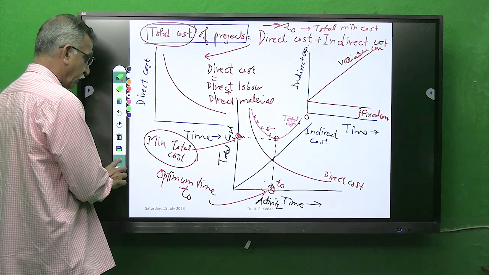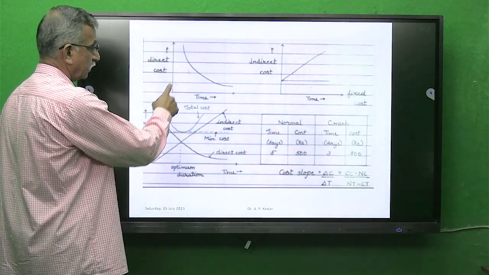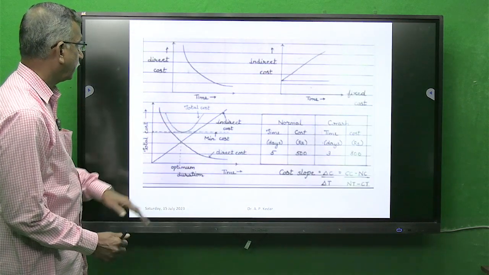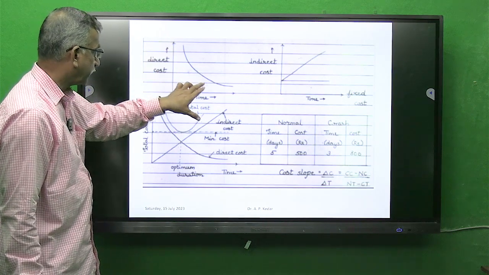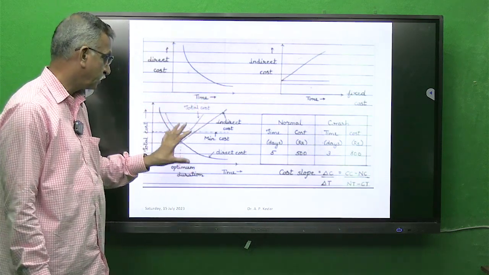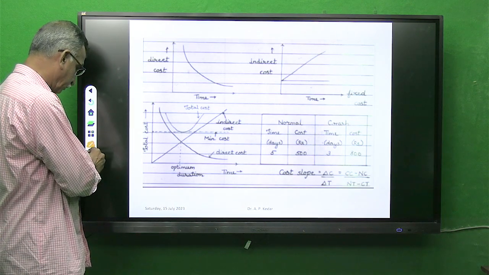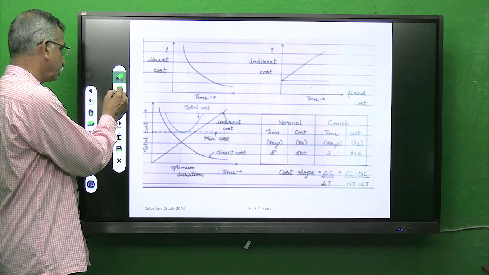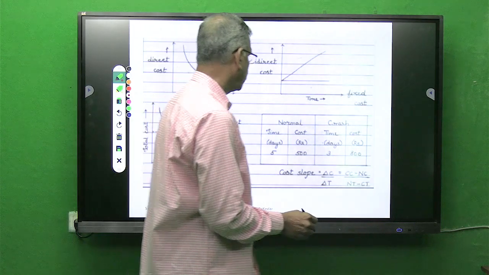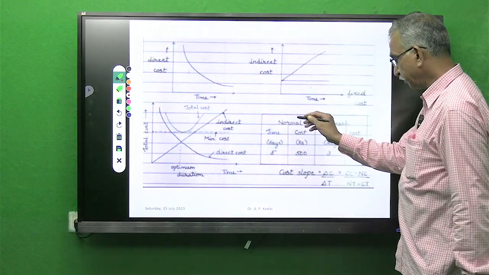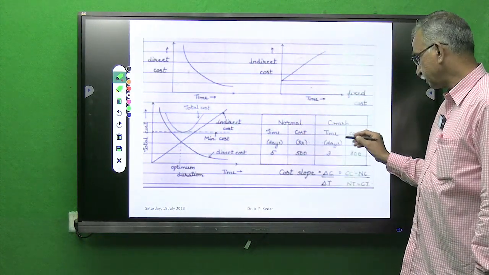So the same thing I have shown here on this particular chart: direct cost, indirect cost, total cost. And now you focus your attention on this activity. Again, I have explained through an example the normal time and cost, crash time and cost.